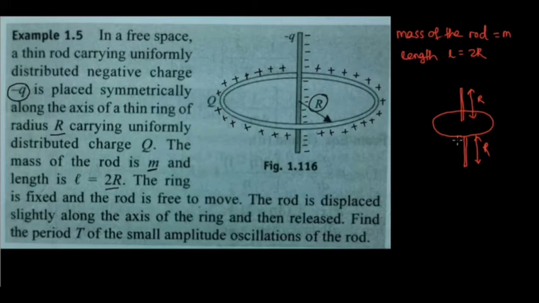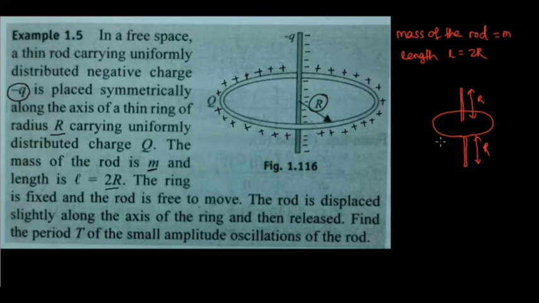Now, if I displace the rod slightly along the axis in the upward direction or in the downward direction, then definitely there will be some difference in length in the two halves, in the upper half and in the lower half. And due to that difference in length, what will happen?